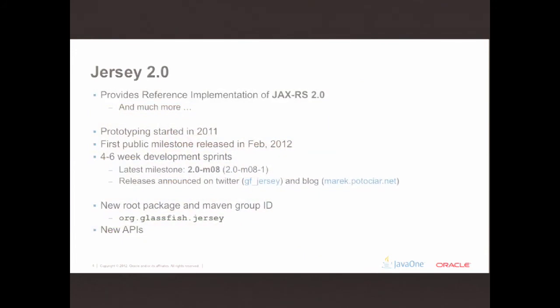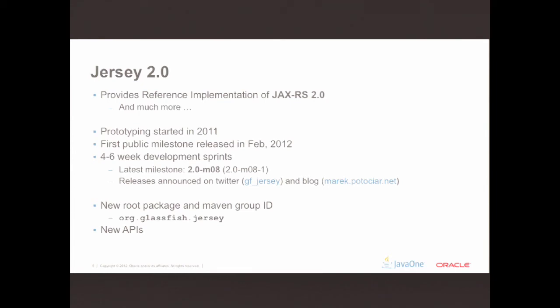Anyway, so let's move quickly to a little bit more about the Jersey 2.0 project. What we are doing, as I said, Jersey 2.0 aims to provide the reference implementation for JAX-RS 2.0. Since Oracle is leading the spec and Jersey is an Oracle-sponsored project, it's typical that the reference implementation comes from the spec lead company.